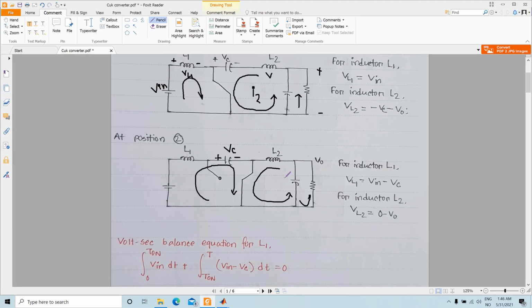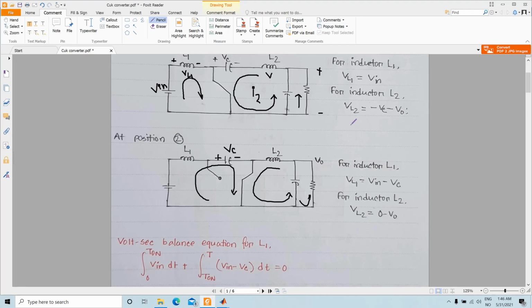Now we know the voltage drop across both of these inductors during these two states, whether the switch is connected to position number 1 or position number 2.